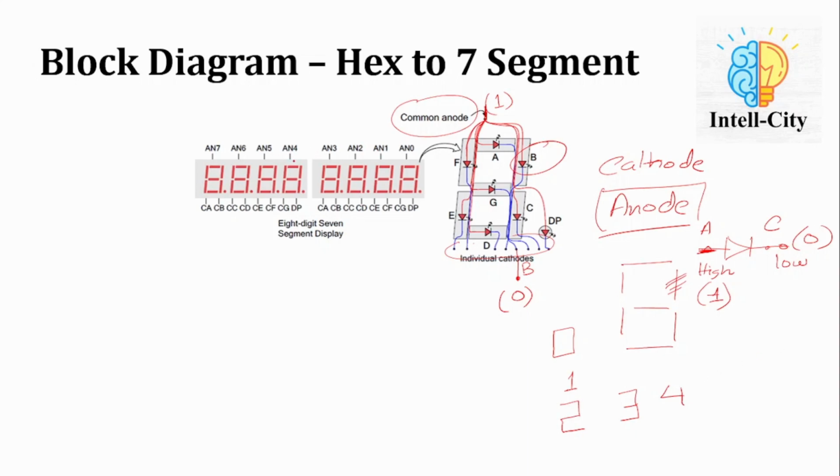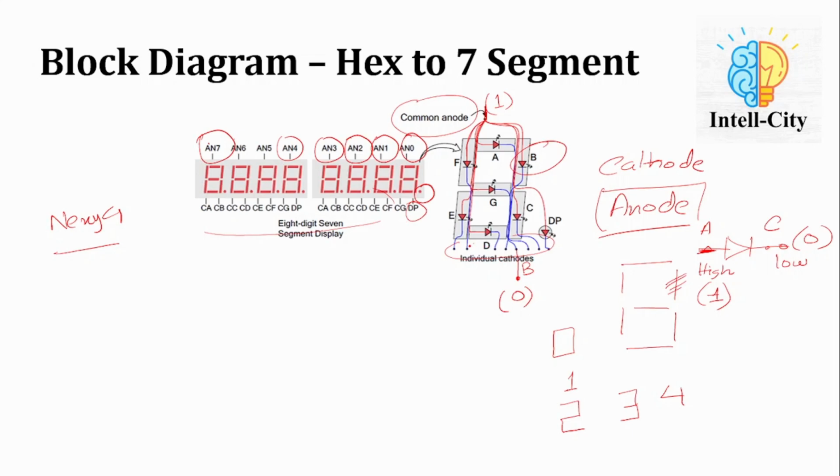So in the Nexys 4 FPGA board, I have basically 8 7-segment displays which are connected like this. And here are the common anodes: AN0, AN1, AN2, AN3, AN4, AN5, AN6 and AN7. And these are the data lines. You may call them data lines, or you may call them the cathode terminals. So this is DP as well. DP is for decimal point, because we have a point over here as well.